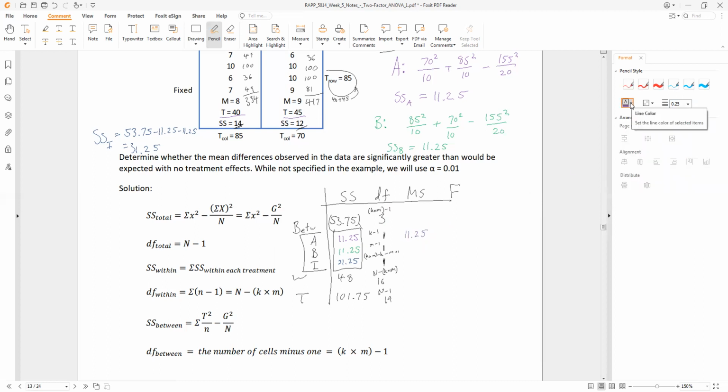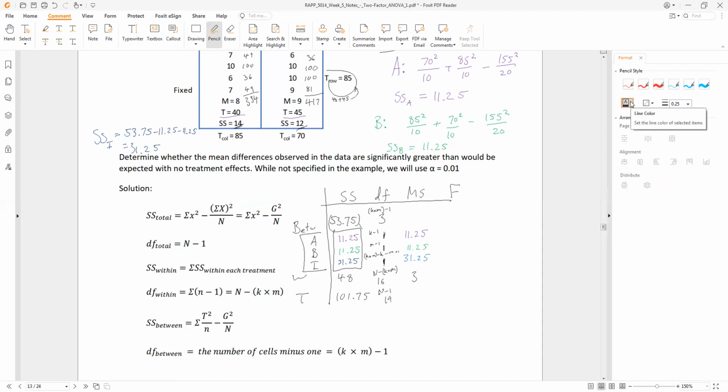Right, so each one of the tests is going to have a different numerator, which are going to be these MS's. But the denominator is going to be the same for all of them, right? The denominator is going to be the 48 divided by the 16, which is 3.